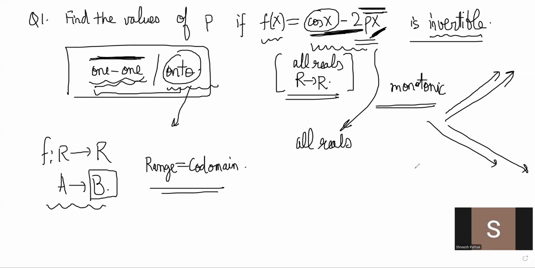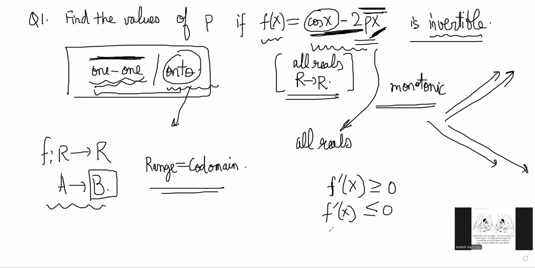So p greater than half. That's an incomplete answer. It is correct, but it's not complete. P greater than half and p less than minus half. We can say greater than or equal to. When we say monotonically increasing, it need not be strictly increasing. We have to say f dash x is greater than or equal to 0 or less than or equal to 0.